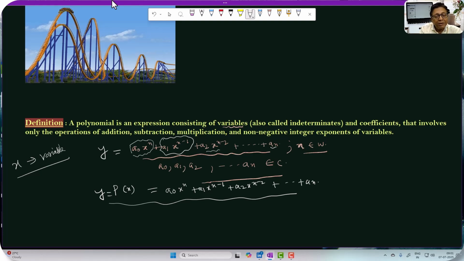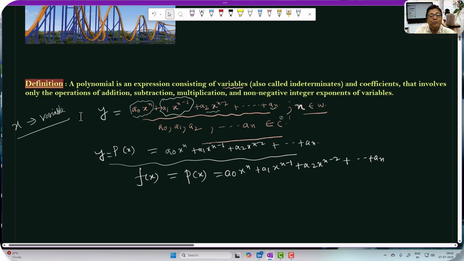So we can refer to p(x) as a function of x. We can write a polynomial function either by using the letter f(x) or p(x), that is a0 x to the power n, a1 x to the power n minus 1, a2 x to the power n minus 2, plus an. I told you n must belong to the set of whole numbers.